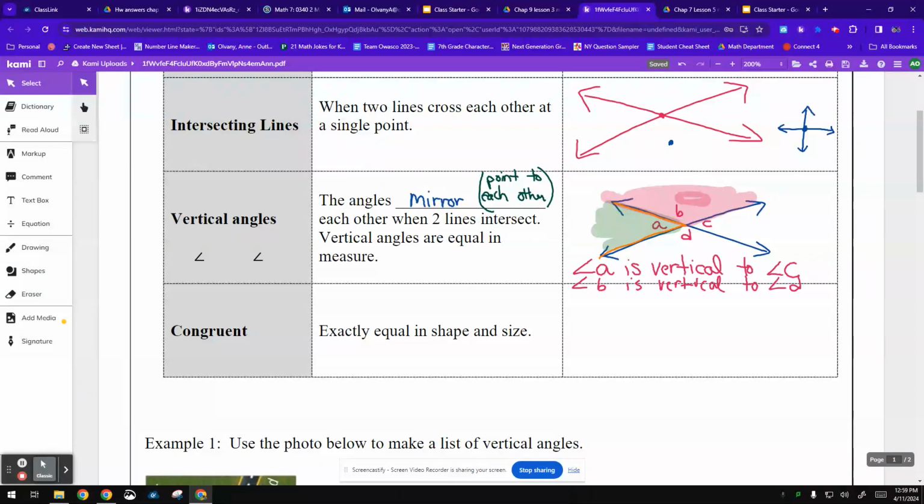If I take angle A, how do I turn it around? How do I flip it? Where's the arrows? That one? No, I hit it. Nothing happened. Oops.